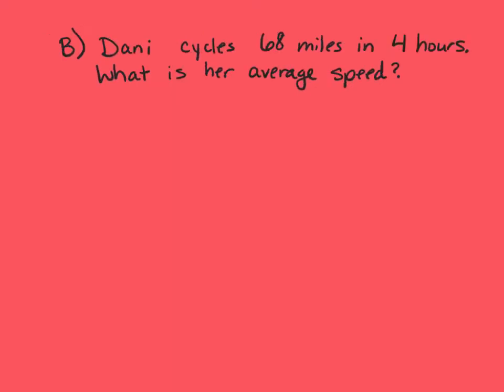B part. Danny cycles 68 miles in 4 hours. What is her average speed? Well, on this problem, it doesn't say something per something. It starts out with the word speed. We kind of need to break this down. Speed would be like miles per hour.